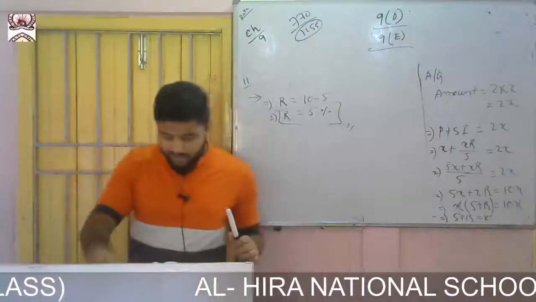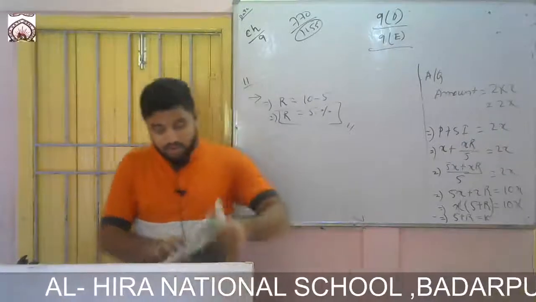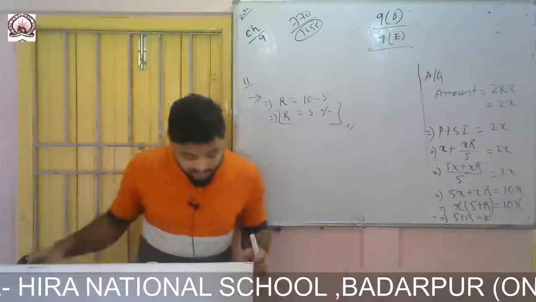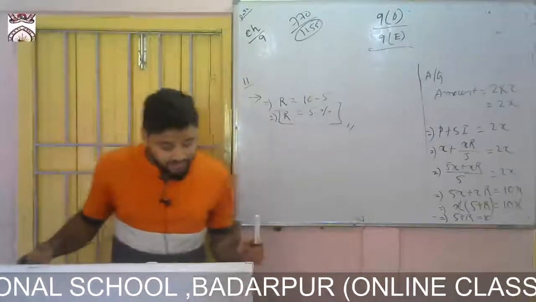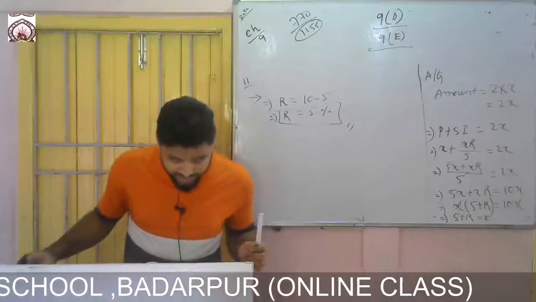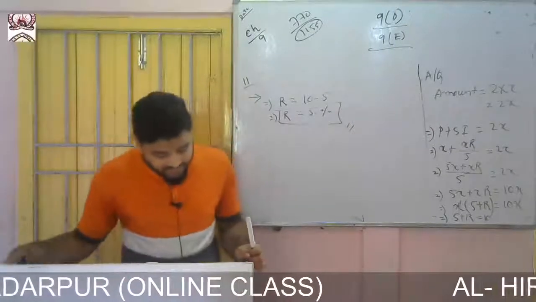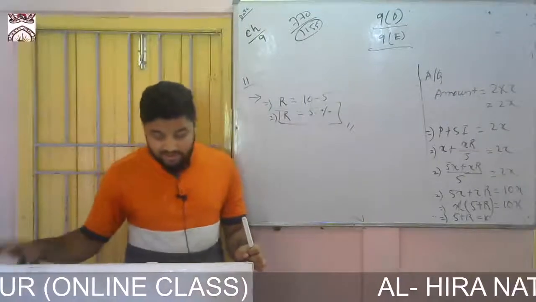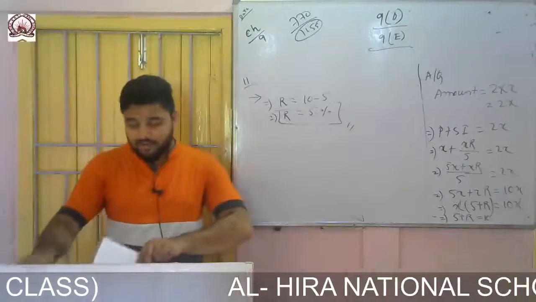Now come to question number 12. It is also the same. If rupees 250 amounts to rupees 285 in 2 years, find the rate per annum. So it is the same: 250 amounts to 285 in 2 years. Find the rate.